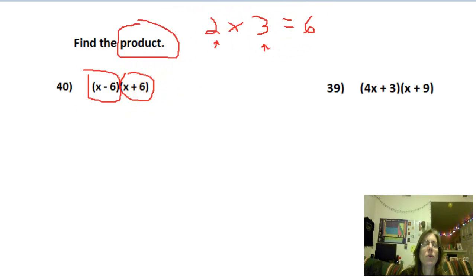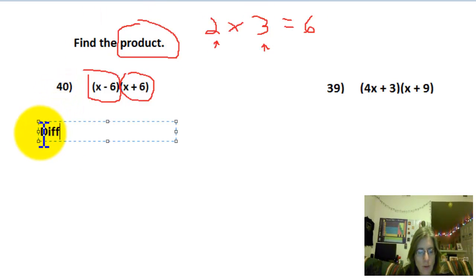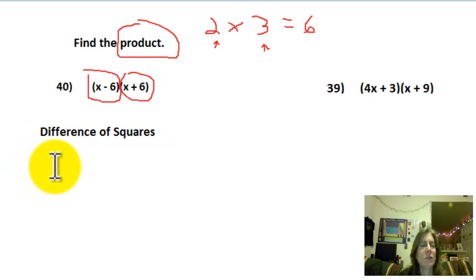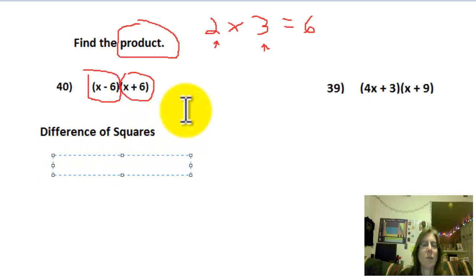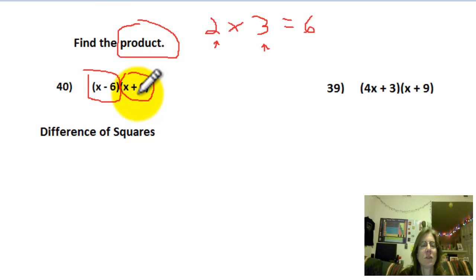If you recall your difference of squares, this is actually the answer to difference of squares. So what that means is this is sort of a formula type of problem. When you see x plus 6, x minus 6 like that, or x minus 6, x plus 6, it doesn't matter the direction.